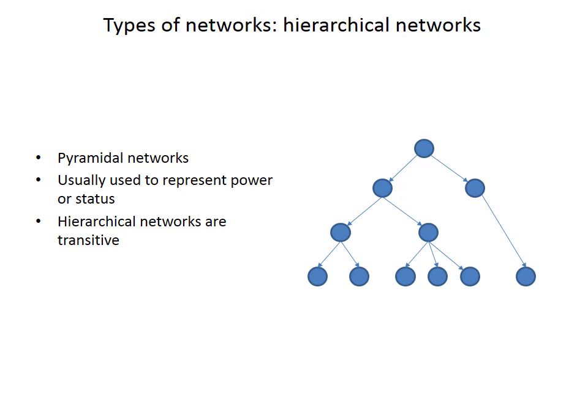Hierarchical networks are usually used to represent power or status, and they are important because they provide a map of how information flows or is supposed to flow in a network. Hierarchical networks are transitive, which means if A is the boss of B and B is the boss of C, A is the boss of C.